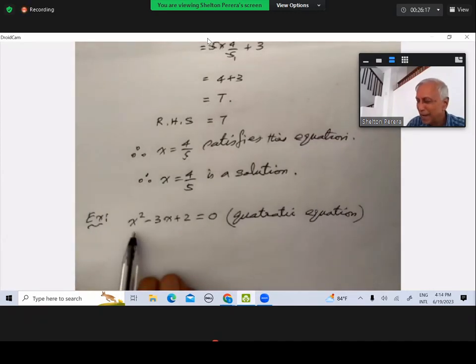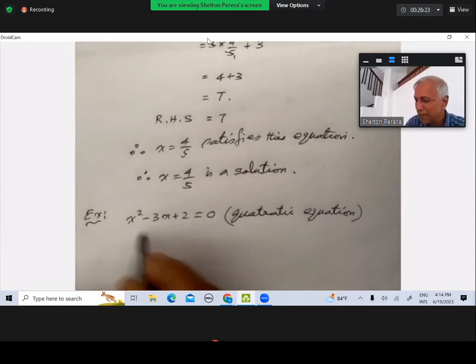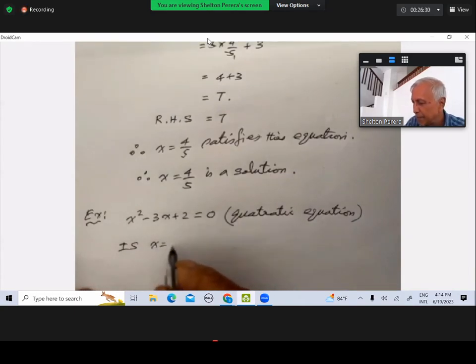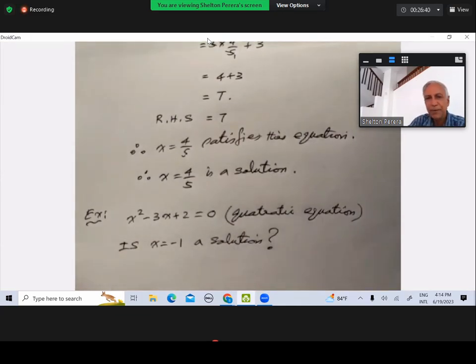So if you pick a value, say x equals minus 1, is x equals minus 1 a solution of this? How do you answer? You substitute x equals minus 1 into this equation.